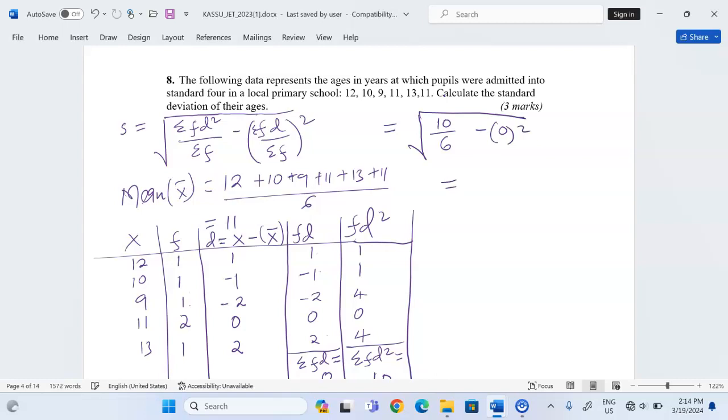So this is going to be the square root of, this becomes a 0, but at this point we will have 1.667. So when the square root is carried out, remember 1.667 is what we call variance. But now to obtain the standard deviation, we need to carry out the square root, and this will be 1.291 to 4 significant figures.